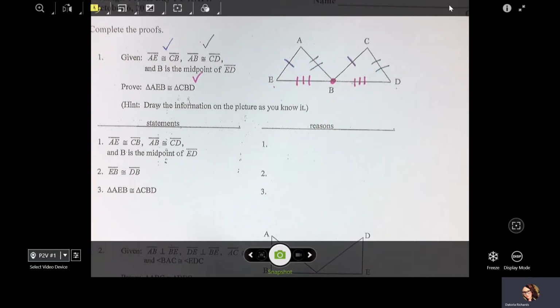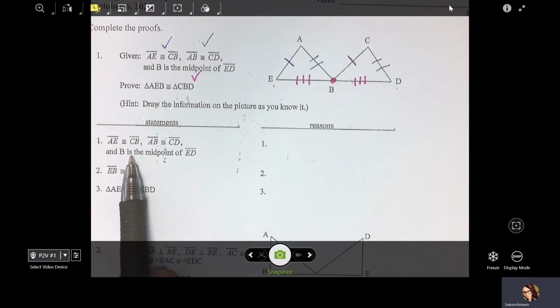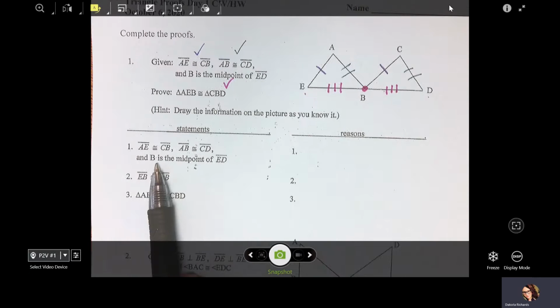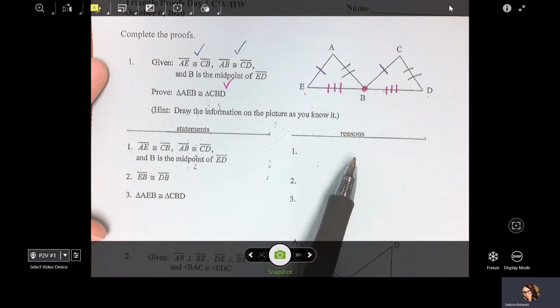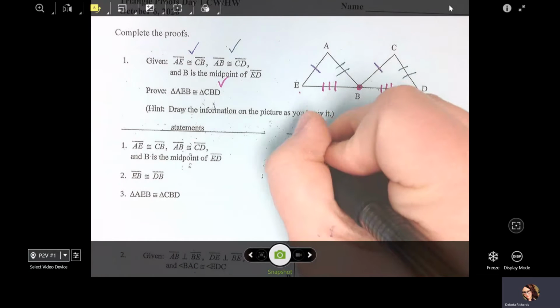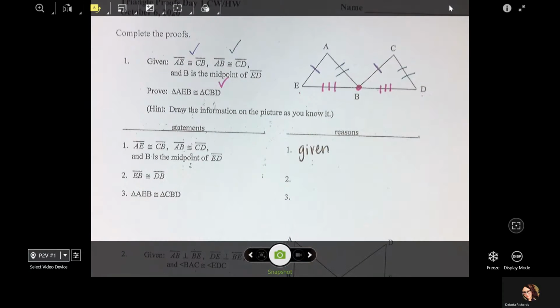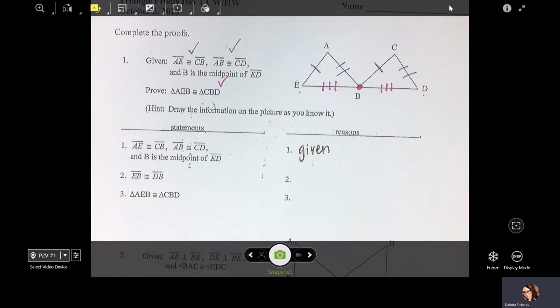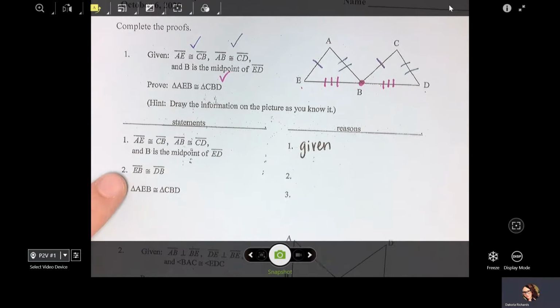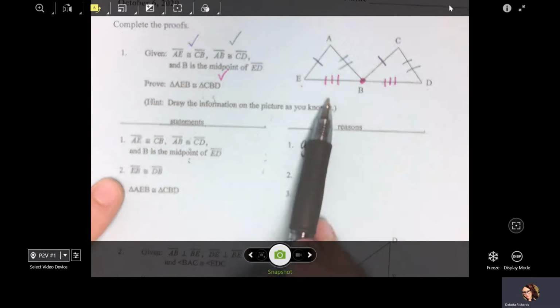So now as I'm filling this in, when you have a proof, the first statement is your given. That is always going to be your reason number one: given. Right? Now, the stuff I marked in pink.